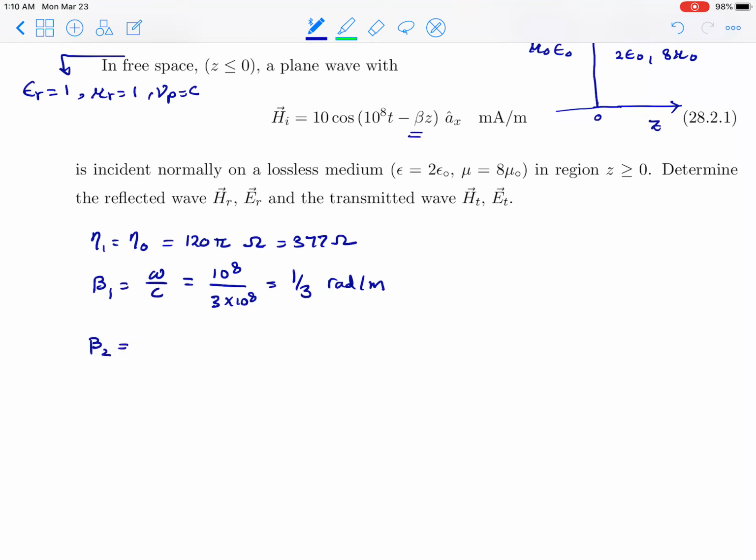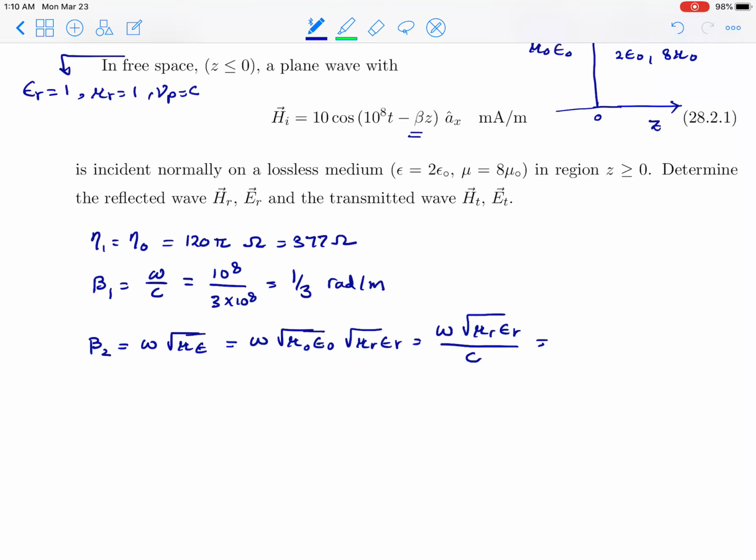And for eta 2, so beta 2 should be omega times the square root of mu epsilon. So we know omega, and we can write the square root of mu epsilon as the square root of mu naught epsilon naught mu relative epsilon relative, divided by c.